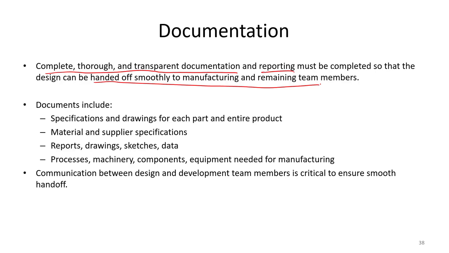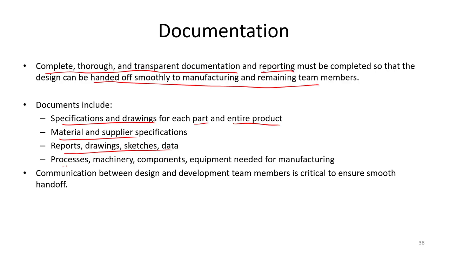So our documents will include specifications and drawings for each part and the entire product. We will also have specifications for materials and suppliers. There may be reports, drawings, and data documenting successful completion of our design process.